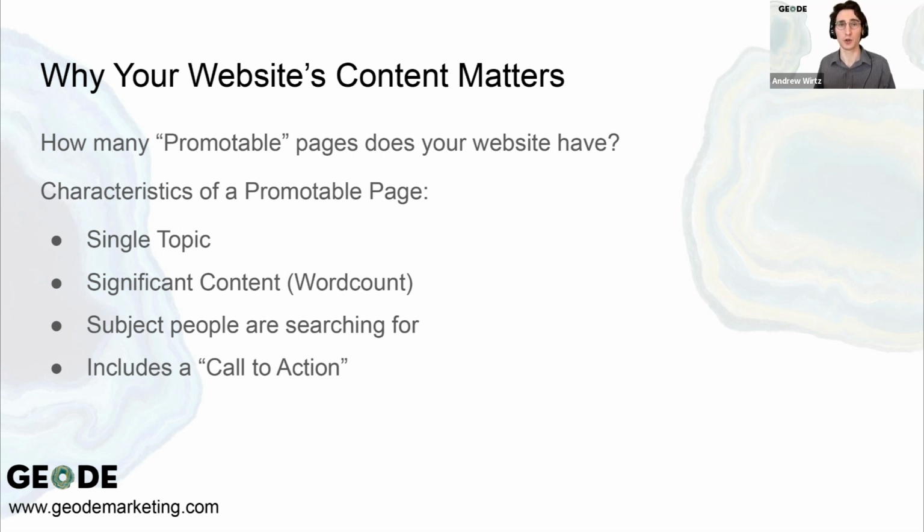I would really encourage you to think about moving that call to action to the top of the page, making it relevant to the topic, and encouraging people to submit their contact information to you.